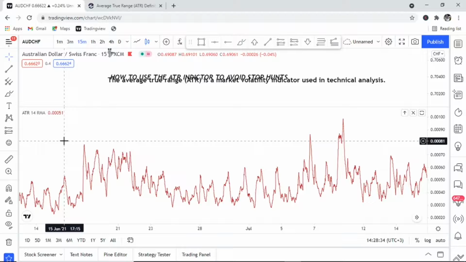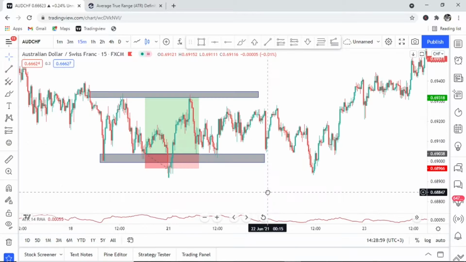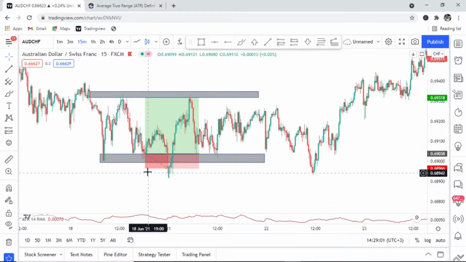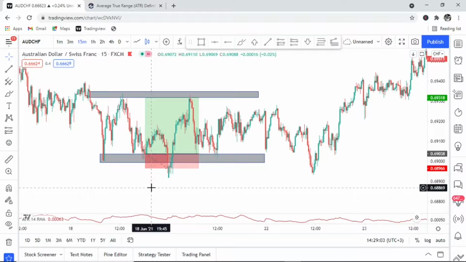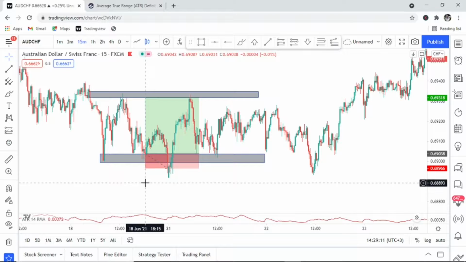Okay, so let me go ahead and use the examples that I've just shown you previously. In this example right here, normally the textbooks recommend that you place your stop loss slightly above or below the resistance area, but as you can see at this particular point, the volatility was at 7 pips, right?